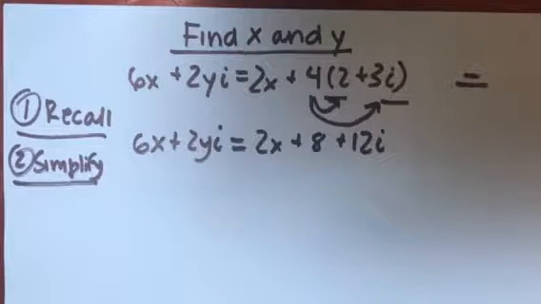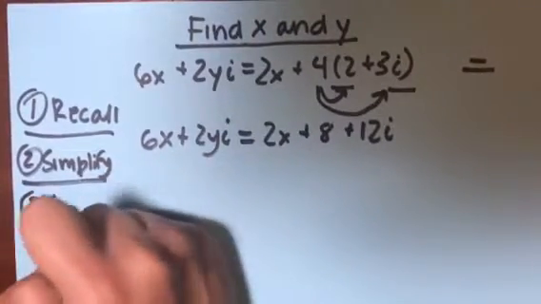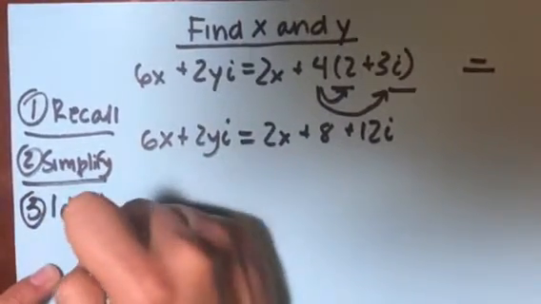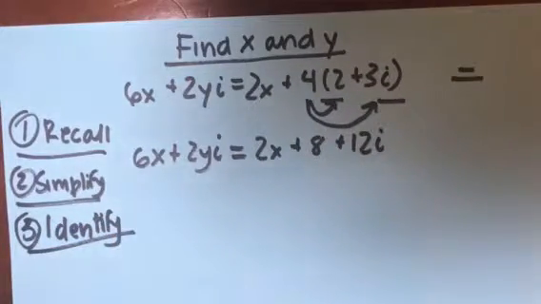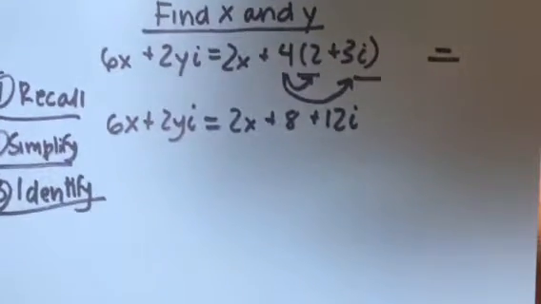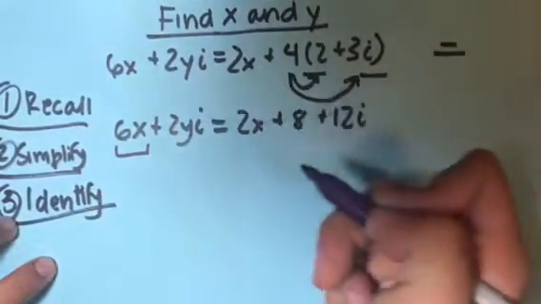Now, we can identify our different parts. Here, the 6x would be a real number.